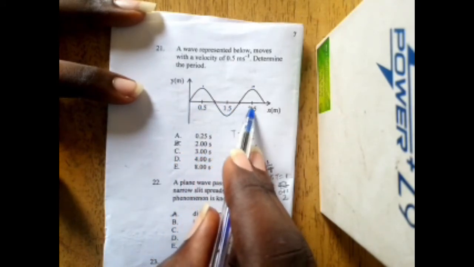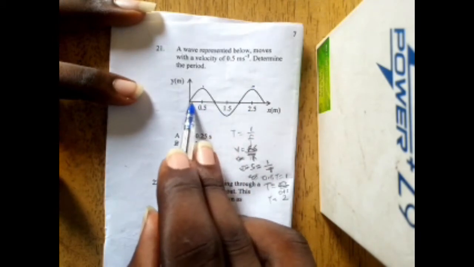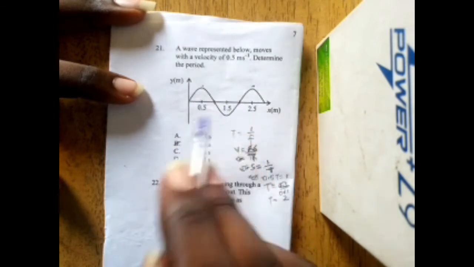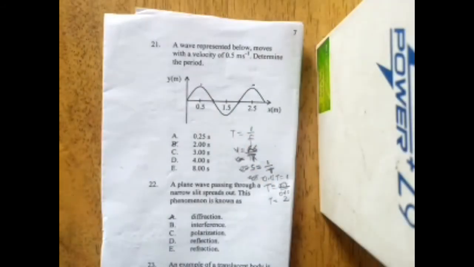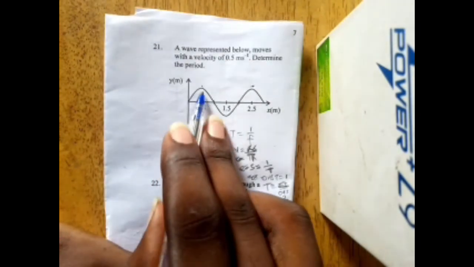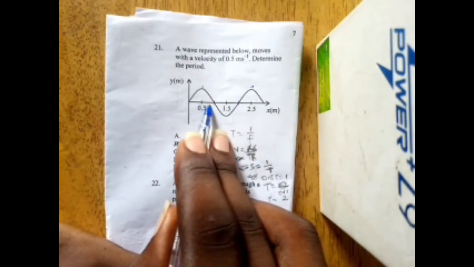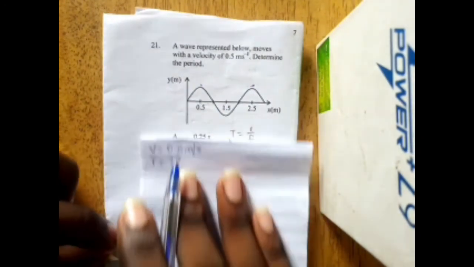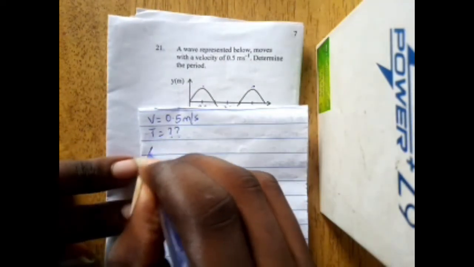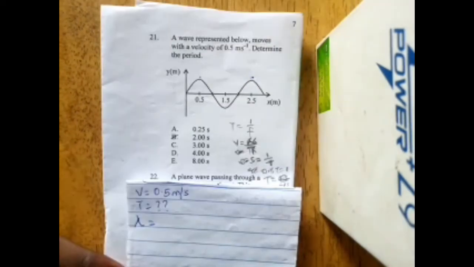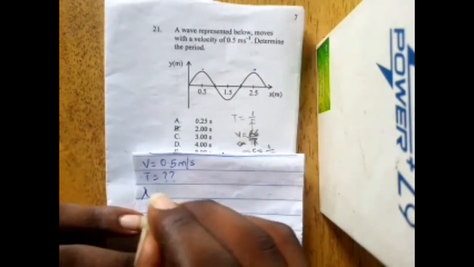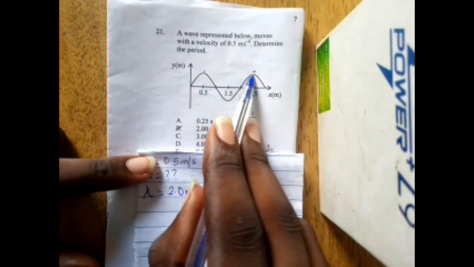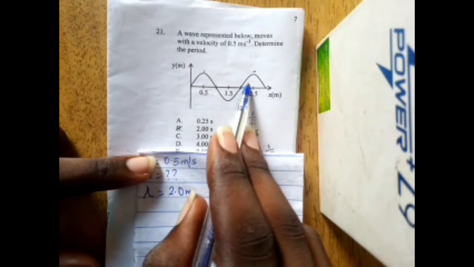From here to here is 0.5, here to here is 1, here to here 1.5, here to here 2, here to here 2.5. So the distance between the two crests is 0.5, 0.5, 0.5, 0.5. So our wavelength is 2.0 meters. Because the distance from here to here is 1, 2, 3, 4. 4 times 0.5 is 2 meters.